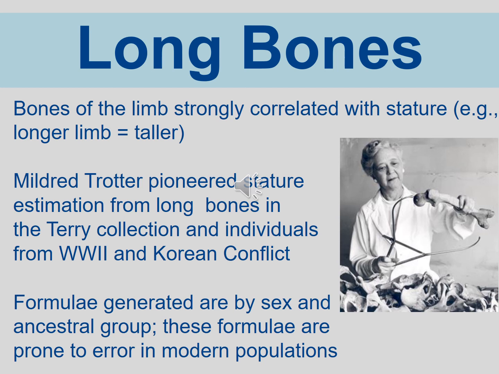For the most part, yes. But again, bones of the arm aren't as accurate as bones of the leg, because bones of the leg contribute more to adult height than the arms do. But we know that there are limb proportions. People have proportionate legs to arms, so that does allow us to get at a stature estimation as well.